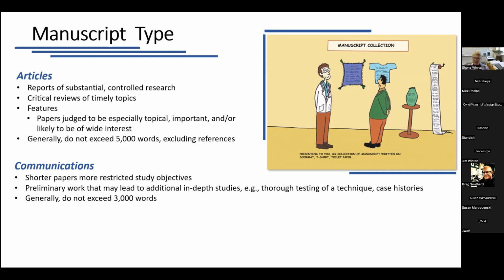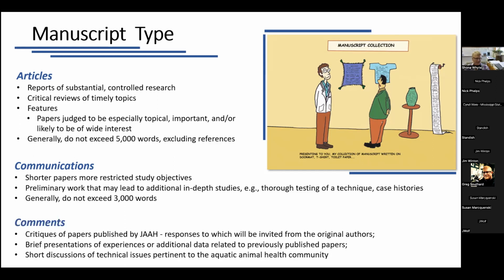It can also be case history. So if there are clinicians or pathologists that have something interesting that they feel would be of value and interest to the audience, they can submit those. And we would generally consider those to be communications. And again, there's a word count guideline of 3,000 words.